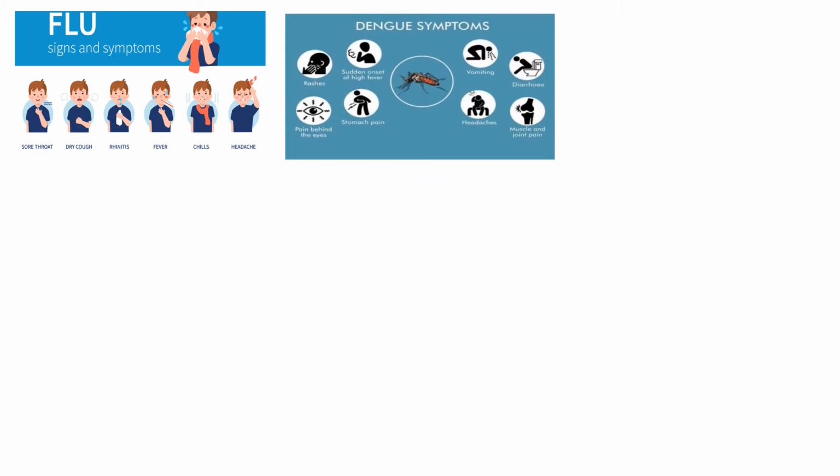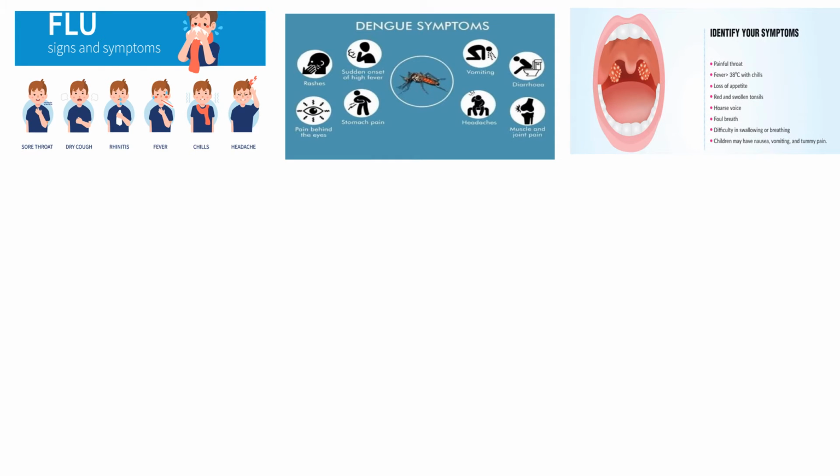In flu, you will get symptoms like sore throat, dry cough, rhinitis or running nose, fever, chills associated with headaches. In dengue, you will get sudden onset of high fever. Along with this, there will be pain behind the eye, which is the most characteristic symptom of dengue, associated with bursting headaches and muscle pains.